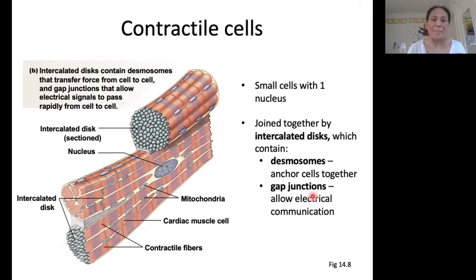That's important because in the heart, we want to coordinate those electrical signals, so that the cells receive them at about the same time, which leads to contraction at roughly the same time. We want the heart to all contract for the most part at the same time in order to get that pumping action.